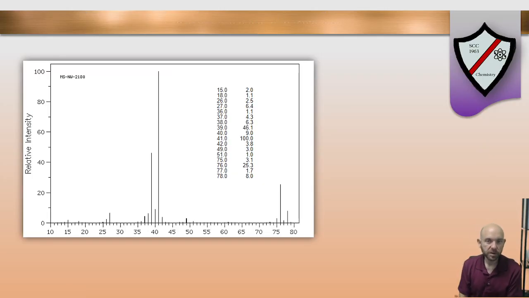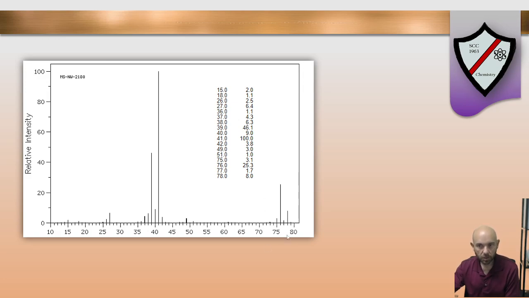So here's a mass spectrum of an unknown compound, and we might be asked to determine if there is a halogen present or not. We can look at the heaviest group of ions generated in this mass spectrum, in this group here. And we do see two kind of large peaks in this part of the spectrum.